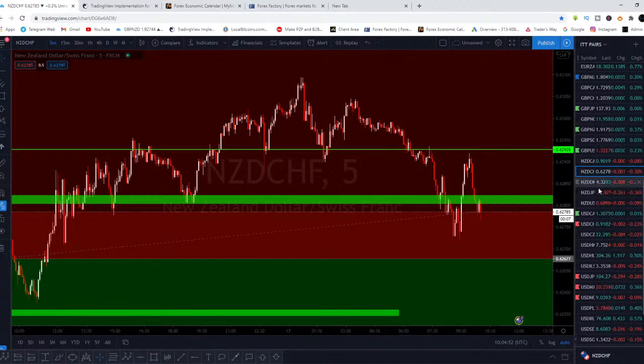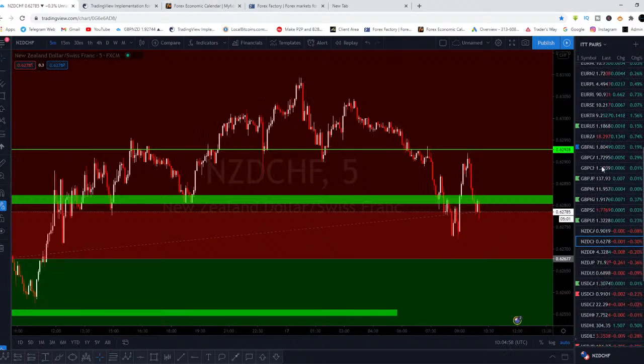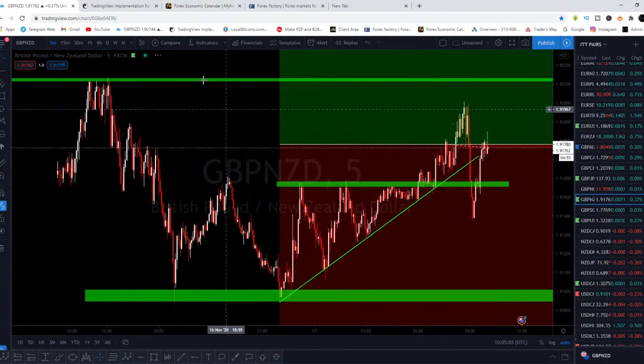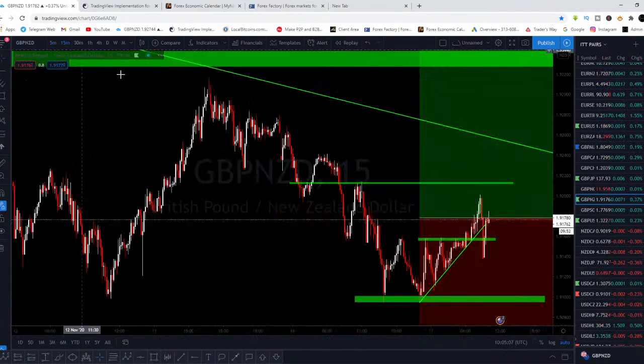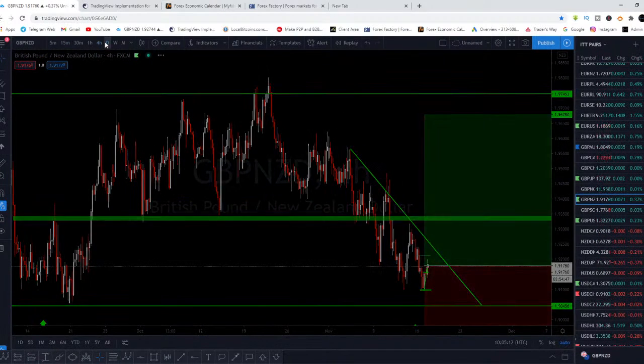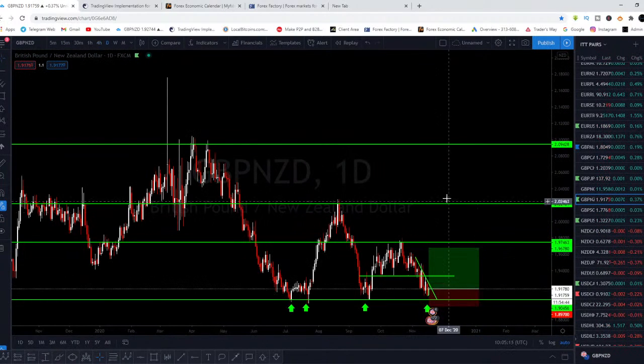I tell you what I do, or I don't tell you what I do, and why I don't do it. So GBP NZD, that's the last trade that we took. Let me calculate the stop loss and take profit for them. Of course, stop loss, you know that this one is around 200 pips.